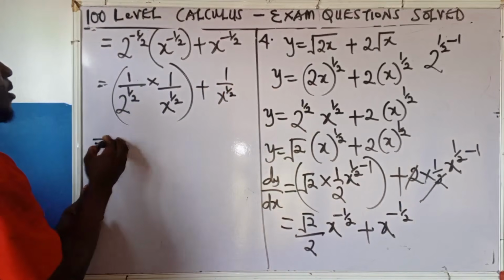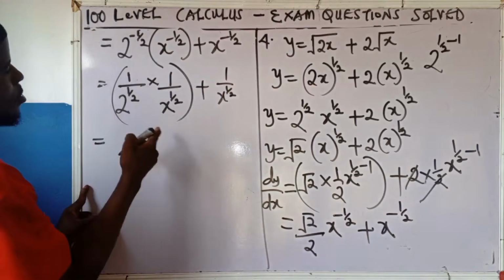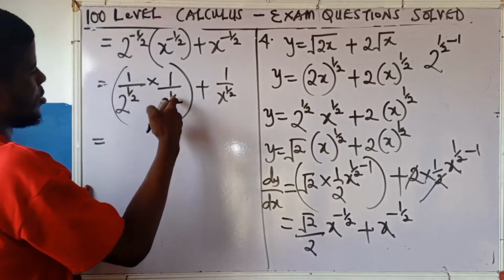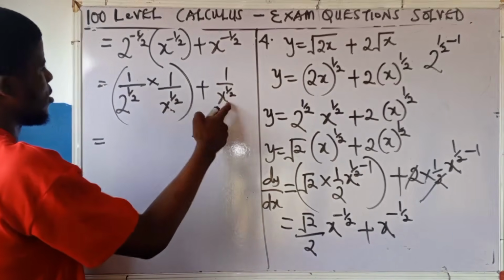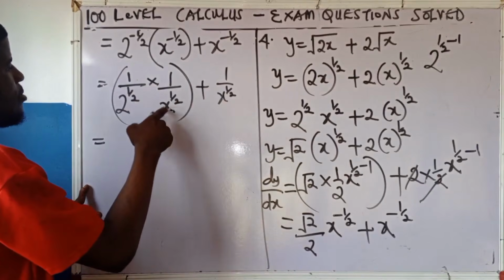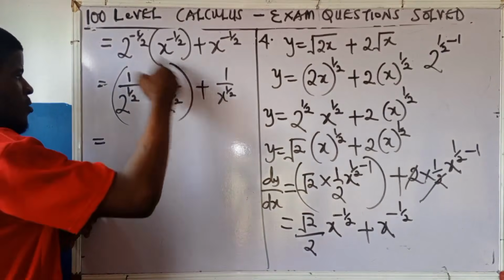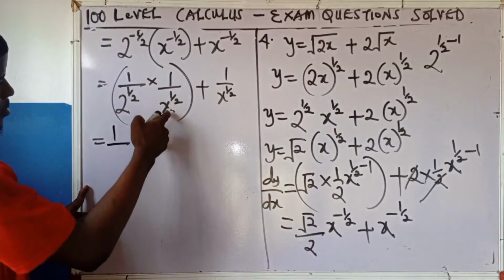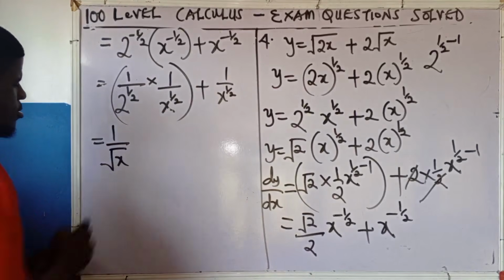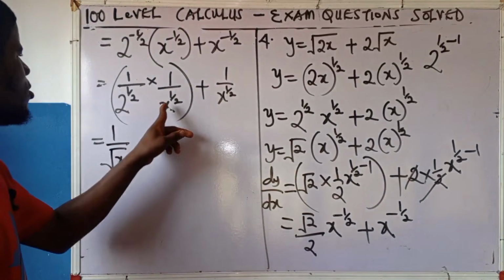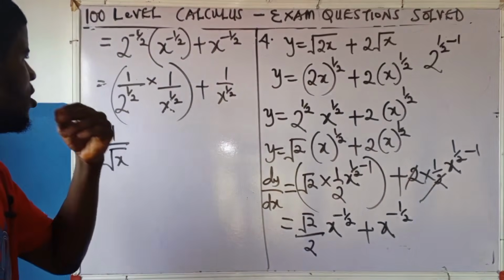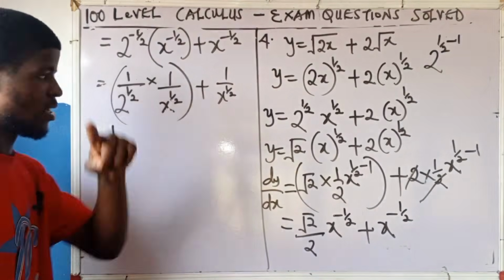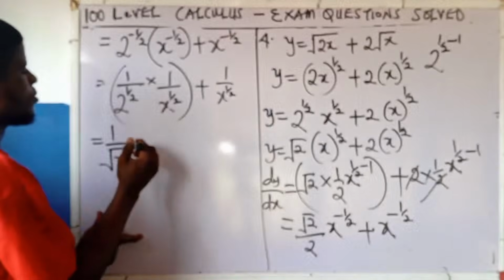So we have, okay, check. x, this and this, they are common. So these two terms, I can bring everything here outside: 1 over root x. You agree with me now? Because x to the power of 1 over 2 is the square root of x, like we've seen earlier.